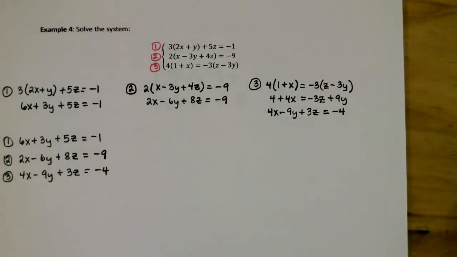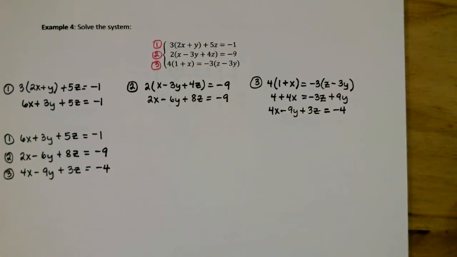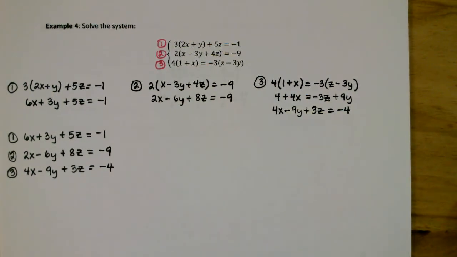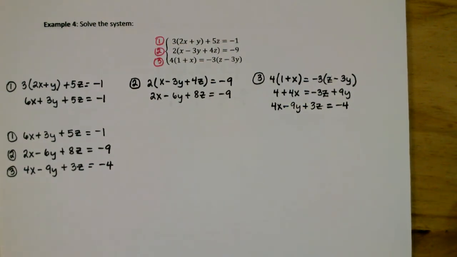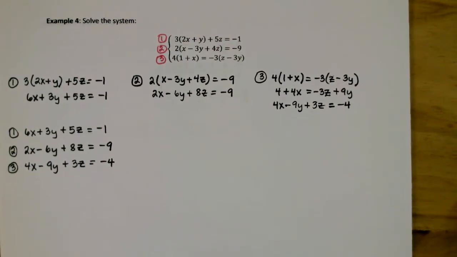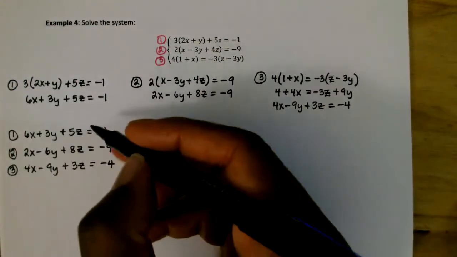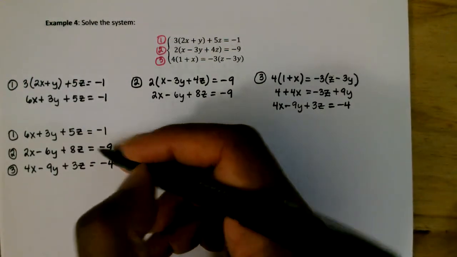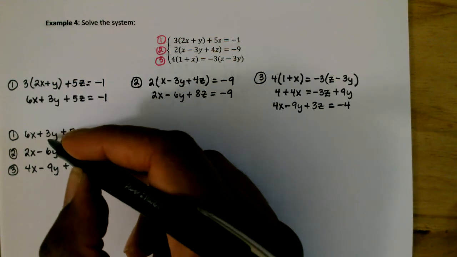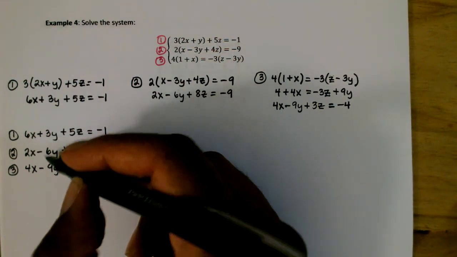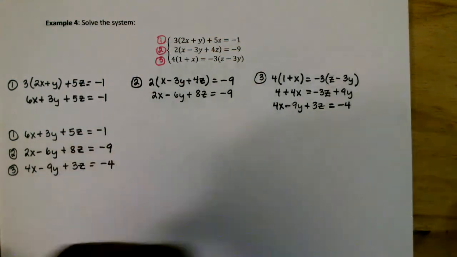These are my new equations where all the x, y, and z terms are on one side and the constant term is on the other side. Okay, so now let's work with a couple of equations where we can eliminate either an x or a y or z. I'm going to look at equations 1 and 2 because notice I have a plus 3y and a minus 6y. Let's try to eliminate the y's here.